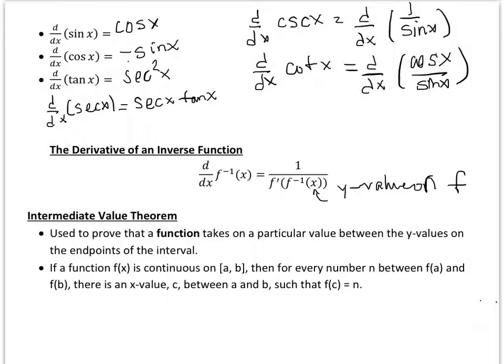And so what this is telling me is giving y as an input and getting x back, the x value that belongs on f prime, and then it's 1 over f prime evaluated at that appropriate x value. We'll see some examples of that just to make sure that you can kind of manipulate that. That formula is a little awkward, but it just is what it is.